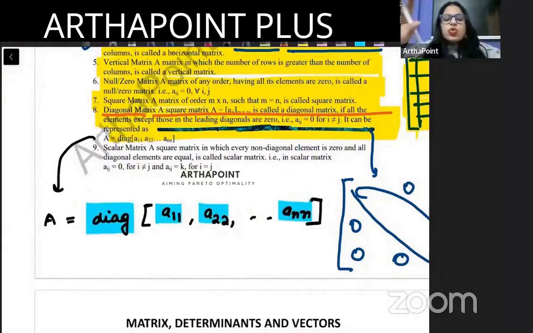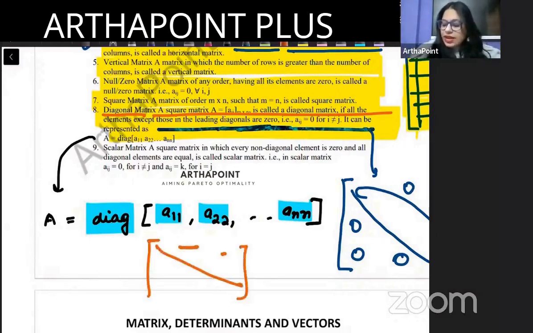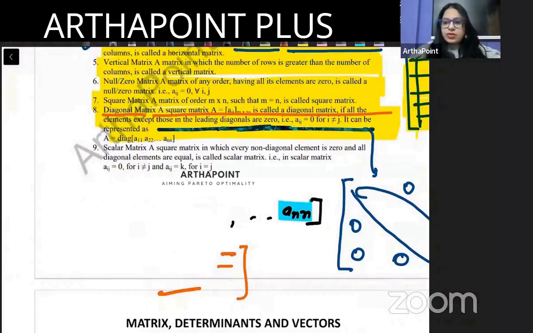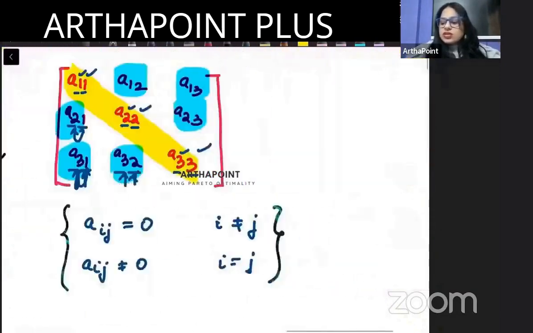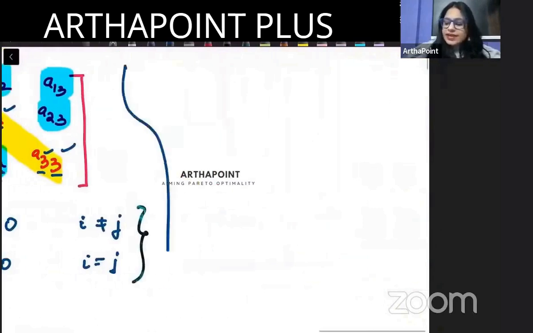I only need to go ahead and put values of my diagonals. I need to just fill in this principal diagonal and everything else is 0. ठीक है बेटा, come to the next one. The next is called as a scalar matrix. But before I can explain you a scalar matrix, I need to explain to you what is an identity matrix.